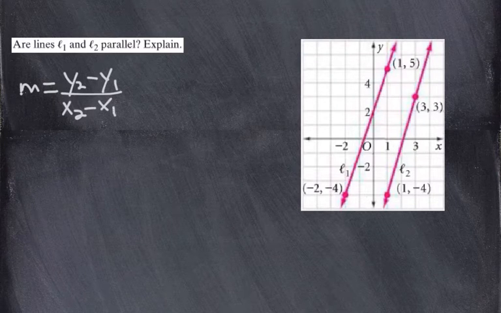So we're going to find the slope of L1 first. L1, you'll notice that it's crossing through these 2 points. 1, 5 and negative 2, negative 4.